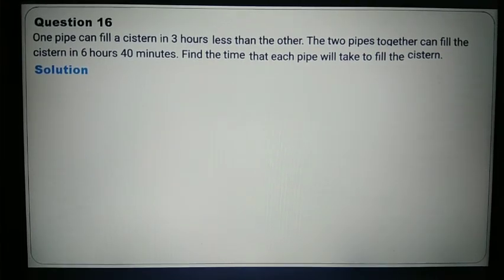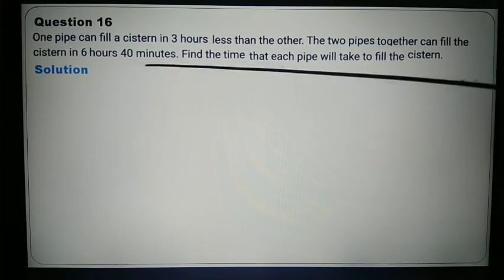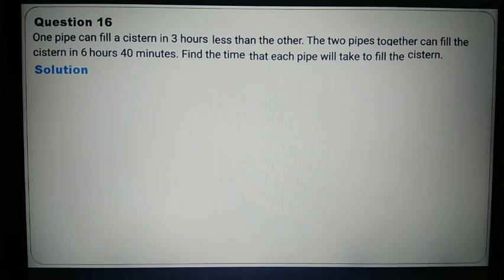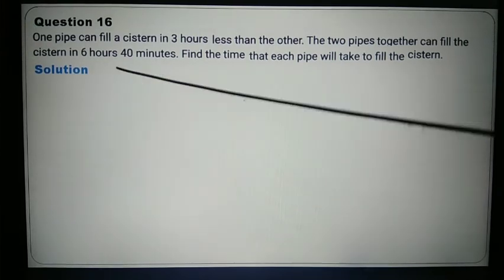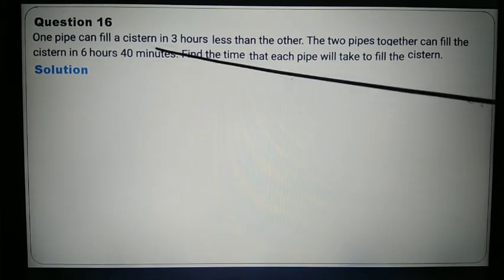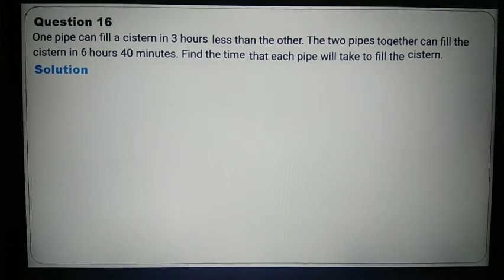If the two pipes can fill the cistern in 6 hours 40 minutes, that means if both of them work together, they'll fill the tank in this much time. Since 6 hours 40 minutes is given, we'll convert the minutes also into hours. The question says to find the time that each pipe will take to fill the cistern.